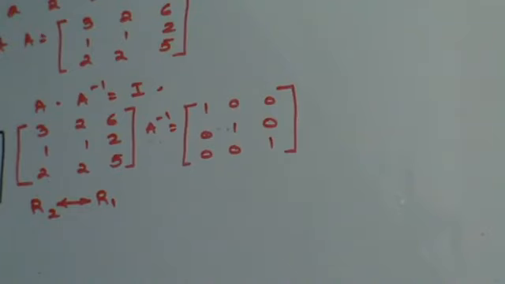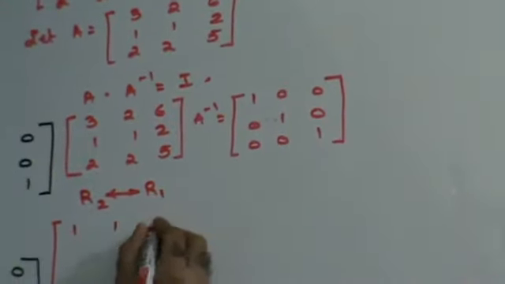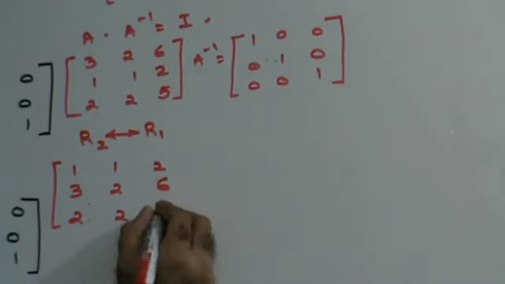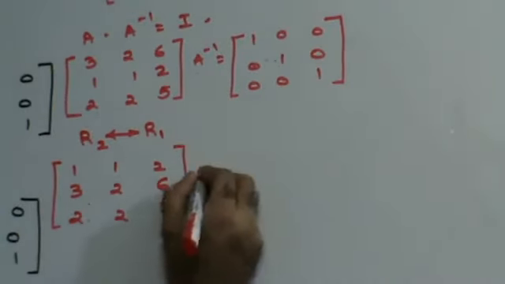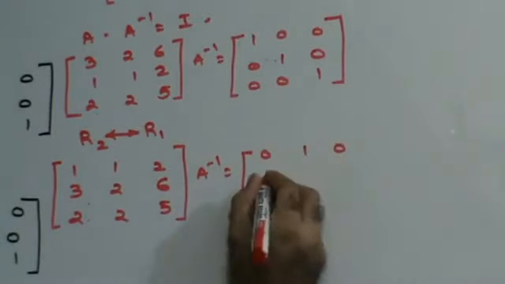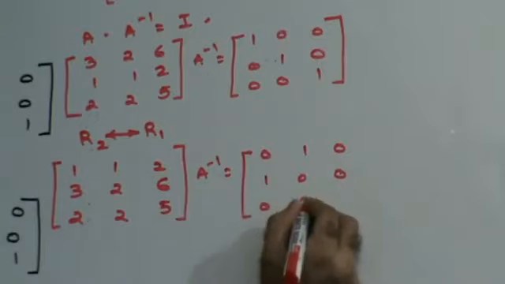I could have done R1 minus 2R2, or R1 minus R3, or I can interchange R2 and R1. I'm showing you interchange because the mathematical calculations are less, therefore I prefer students doing that. Interchange, just change: 112, 326, 225 into A inverse is 010, 100, 001.